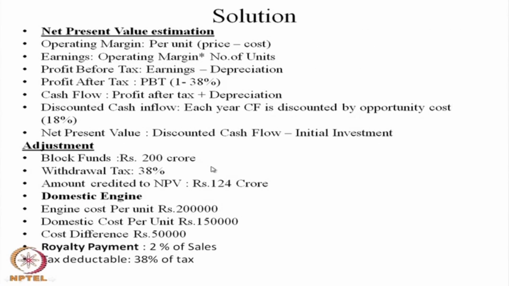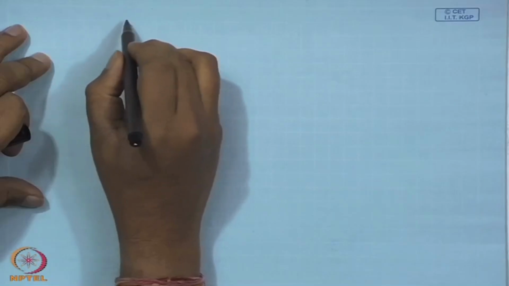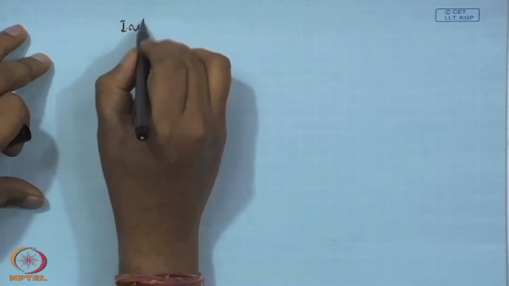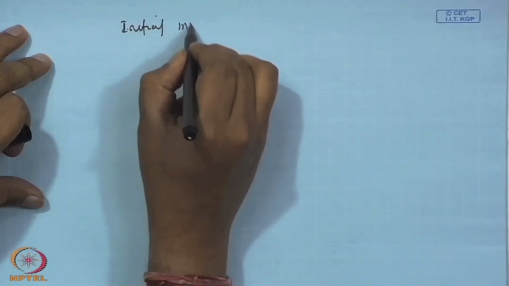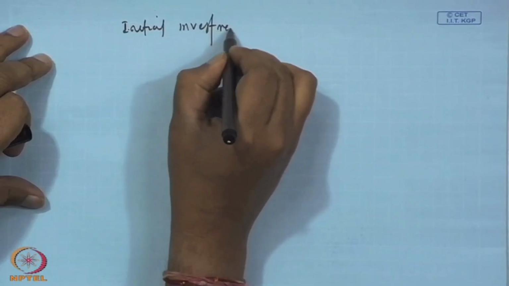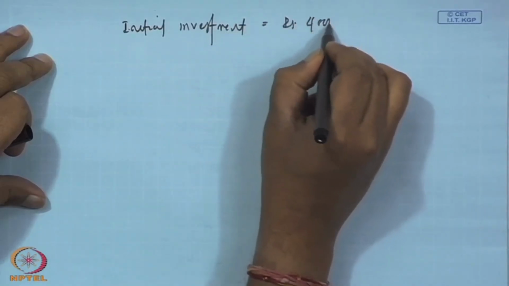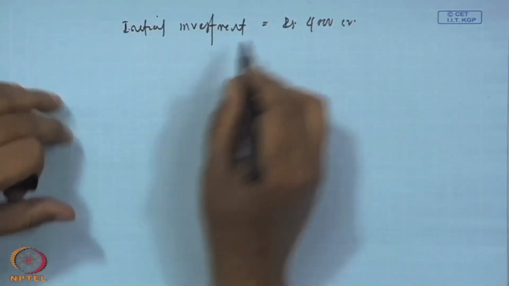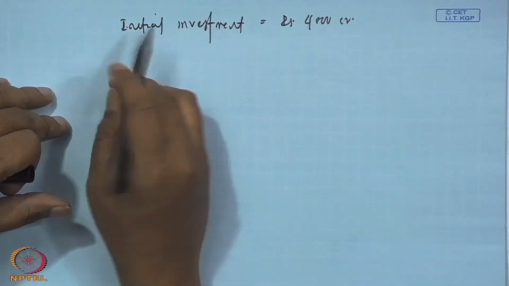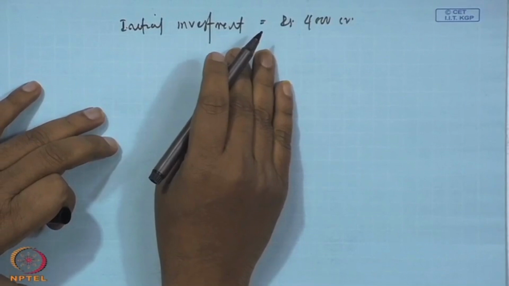First, as per the domestic NPV calculation, you have to estimate the operating profit. Operating margin is profit minus cost. What is the initial investment? The initial investment at year 0 is rupees 4,000 crores, and the lifetime of the project is 7 years.